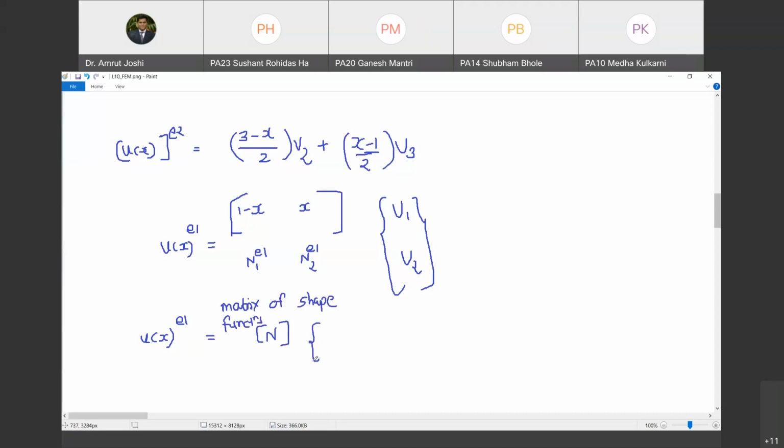multiplied by what I am going to call the matrix of degrees of freedom for the element.